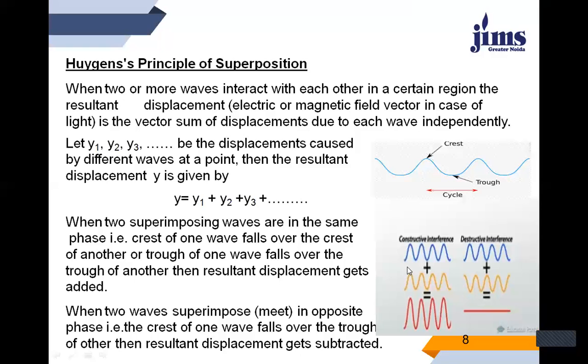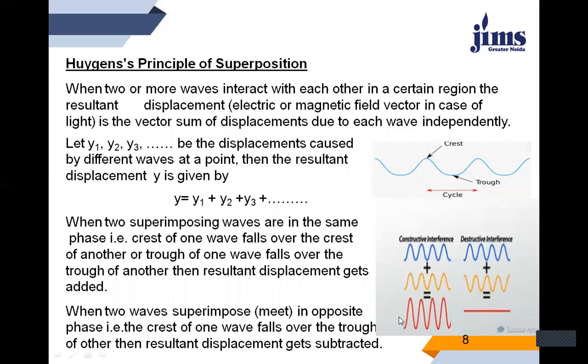Both waves have the same frequency. When these two waves are added, you will see the resultant wave. You can see that in this resultant wave, the amplitude is greater than either this wave or this wave, or you can say it is greater than the amplitude of the individual waves.